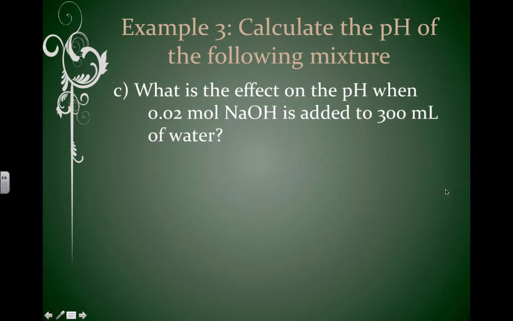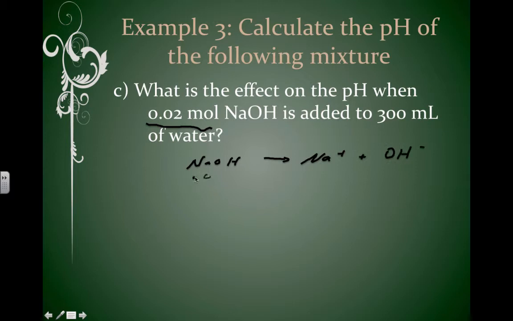So let's see what happens if we were to add the 0.02 moles of hydroxide to just plain water instead of putting it in our buffered system. So what if we had just sodium hydroxide in water instead of putting it in our buffer? So sodium hydroxide will break apart in water to have sodium ions that don't do anything to the pH and hydroxide ions that will raise the pH, right?